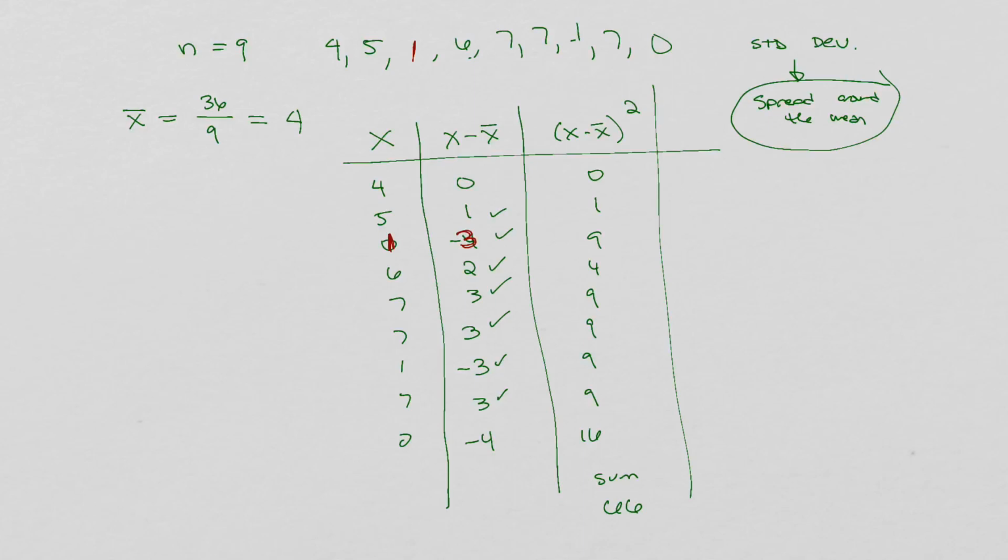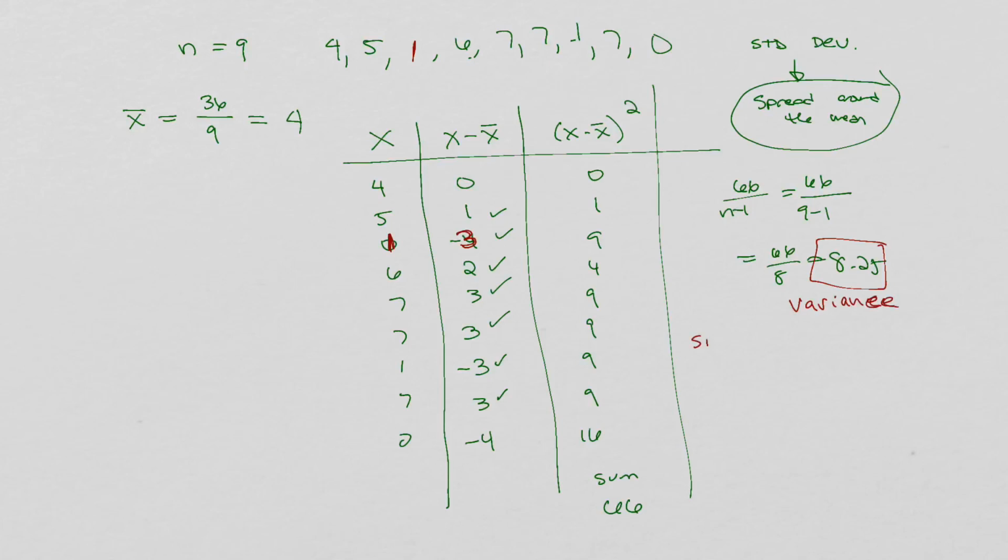So what we're going to do is take that 66 and divide it by n minus 1. In this case, that's 66 over 9 minus 1, and 66 over 8 gives me 8.25. And if you remember, this number is the variance.